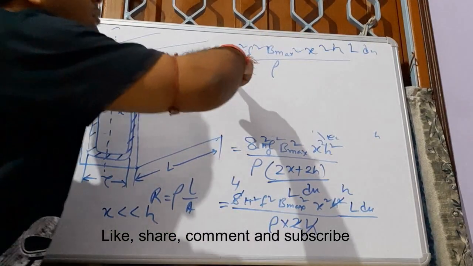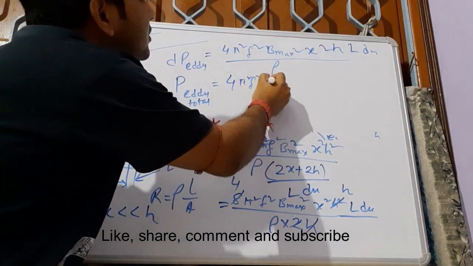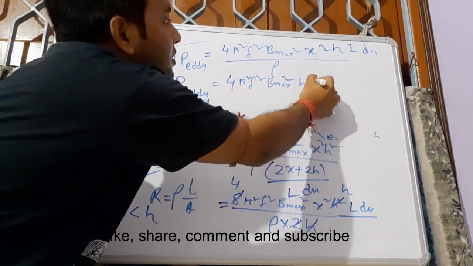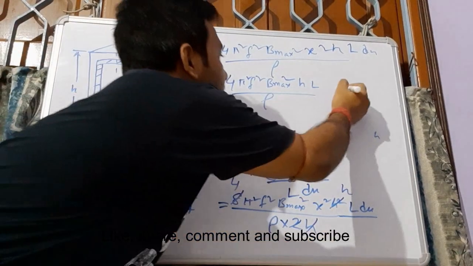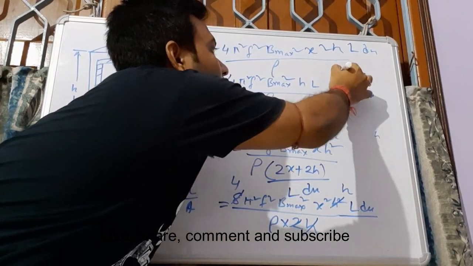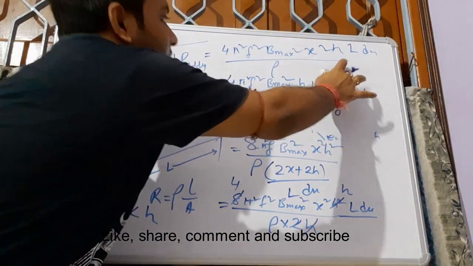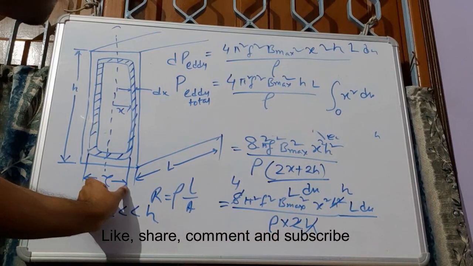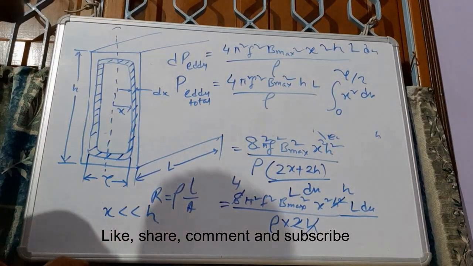This whole term is constant: 4 pi square f square B max square h L divided by rho, and this x square dx from 0 to tau by 2, which is half of this width.